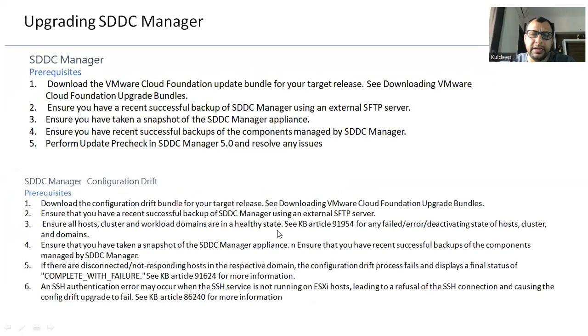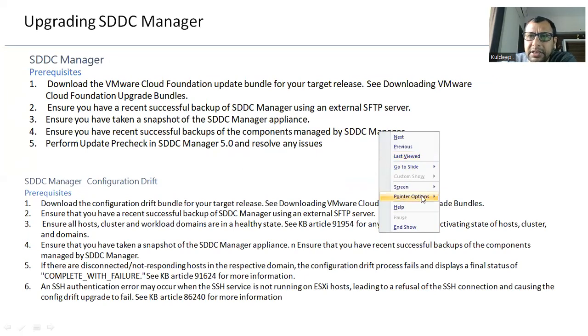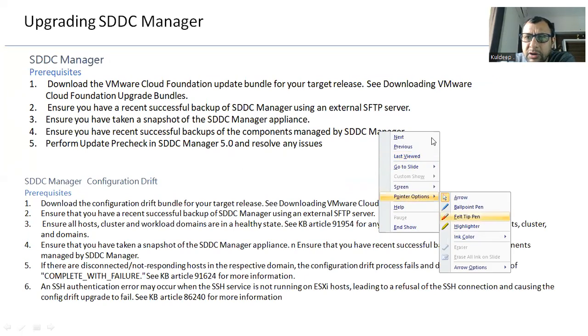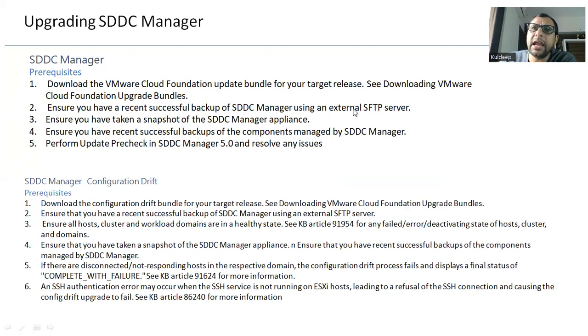Then, upgrading the SDDC Manager. What is the sequence before you upgrade the SDDC Manager? Yes, the primary thing is that the SDDC Manager should have the available installation or upgrade bundles, as per the compatibility matrix for the version you are going to upgrade to, and the latest successful backup of your SDDC Manager to the SFTP server.